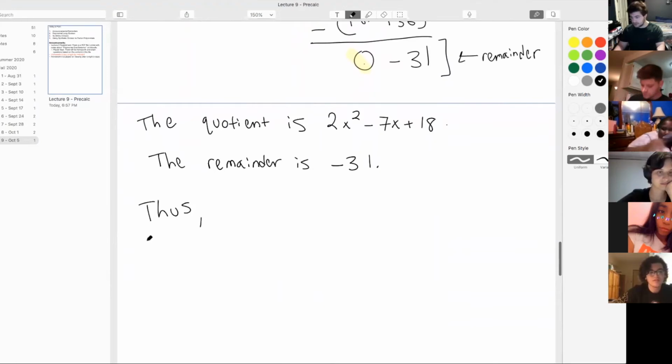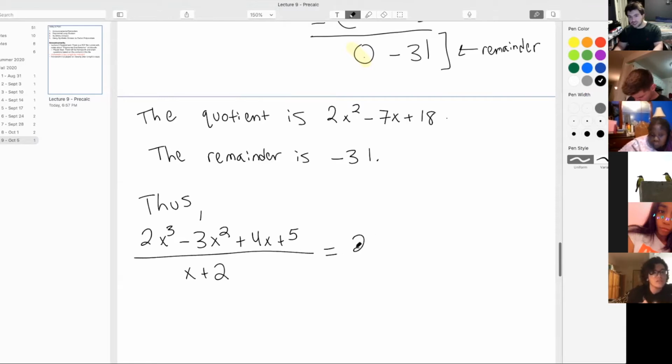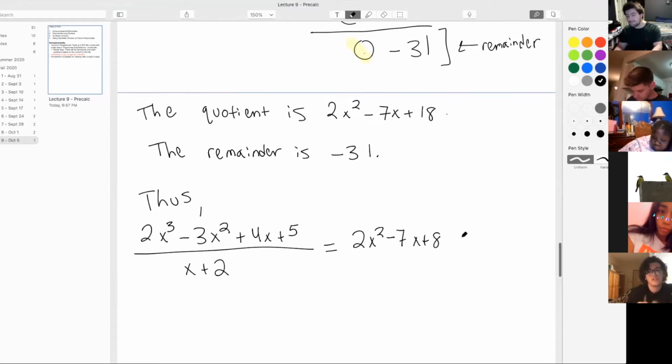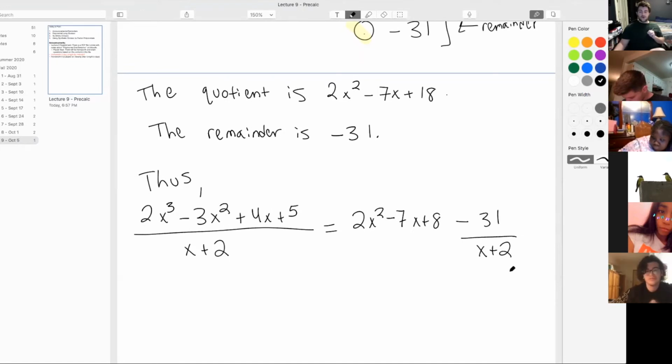So thus, I just want everyone to be familiar with all the different forms we could write this as. 2x cubed minus 3x squared plus 4x plus 5 divided by x plus 2 is equal to our quotient, 2x squared minus 7x plus 18, plus the remainder, minus 31 over x plus 2. So you put the remainder over this expression that's in the denominator.